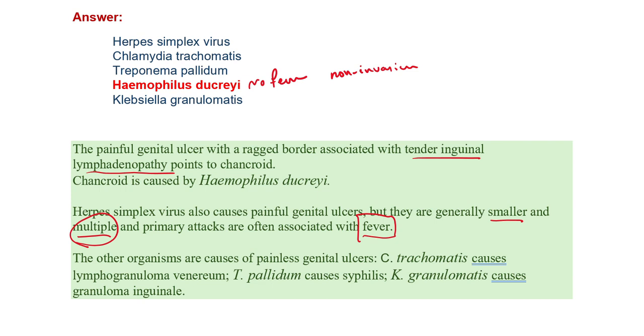Other organisms that might cause painless genital ulcer include chlamydia trachomatis. This is causing lymphogranuloma venereum by biovars L1, L2, and L3, while biovars from D to K cause non-lymphogranuloma venereum genital infection, and you can review our video on the microbiology of chlamydia trachomatis.